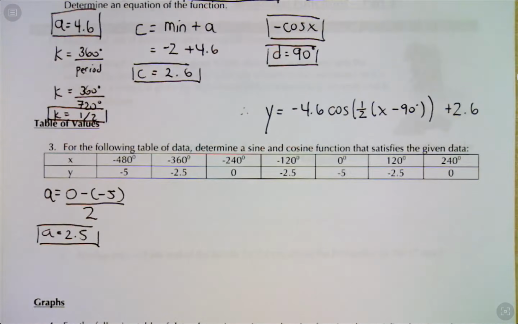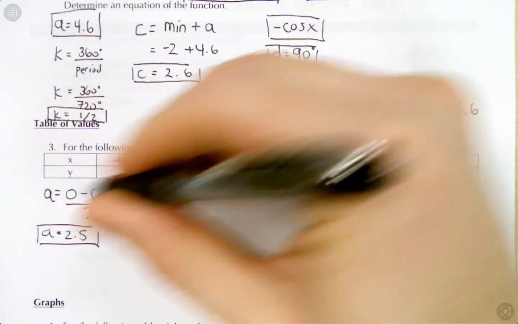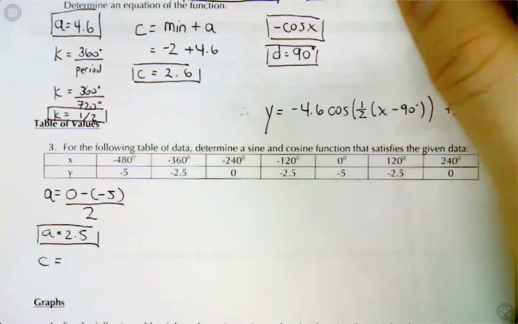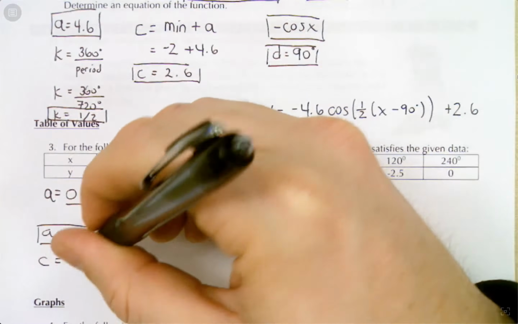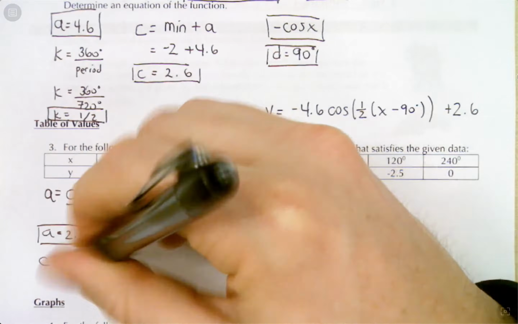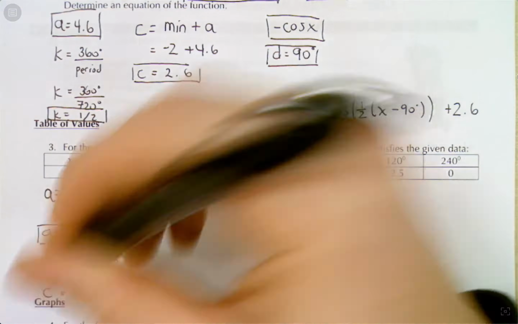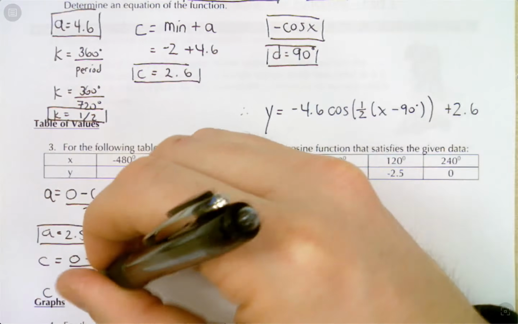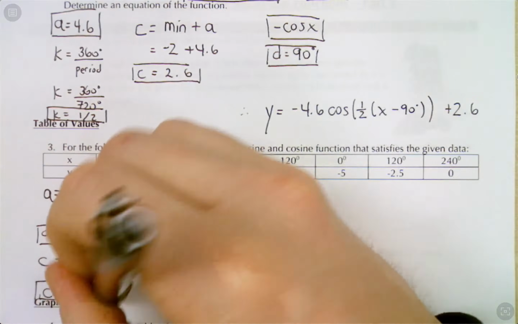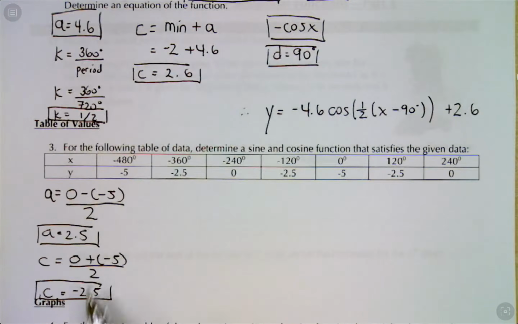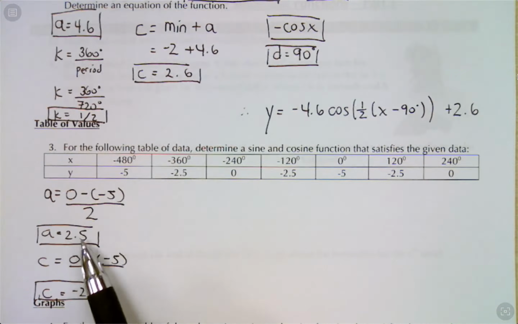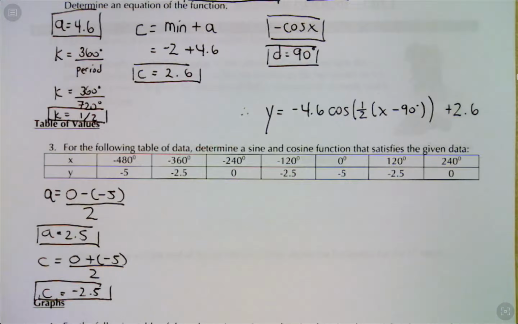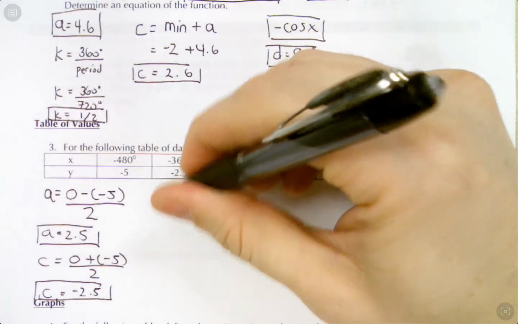Max plus min divided by 2 will give us our C value. Max is 0 plus the minimum, divided by 2. We get negative 2.5. And that makes sense. From negative 2.5, if we go up 2.5, we get 0, that's the max. If we go down 2.5, we get the min, which is negative 5. So that holds true.